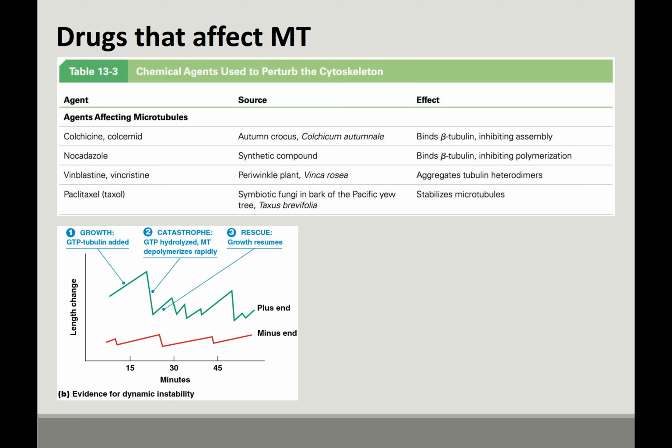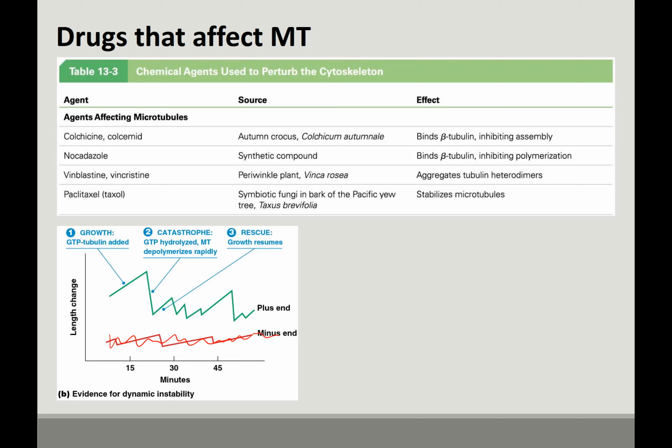Something I'm going to ask you to do on your homework is draw a chart like this. We're not going to worry about the minus end. It gets too complicated. We're just going to worry about the plus end of these cytoskeleton elements.